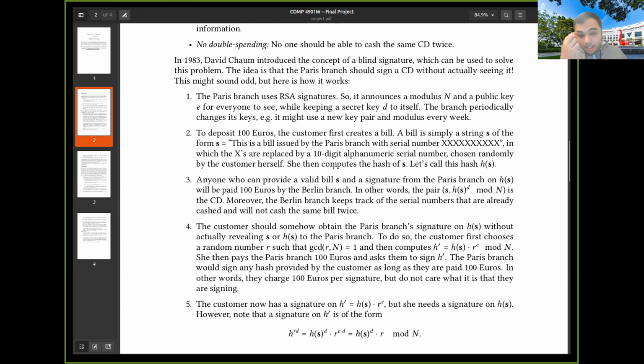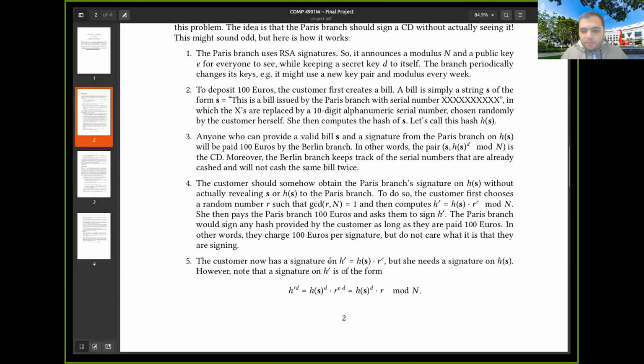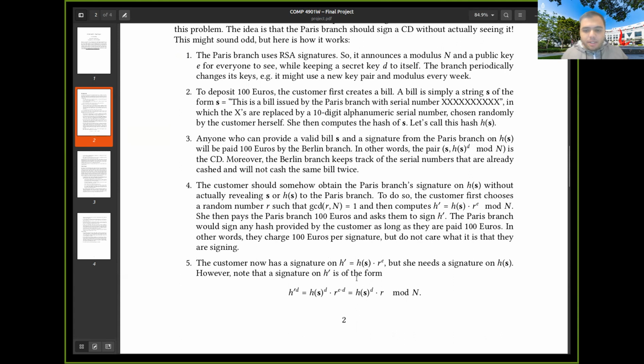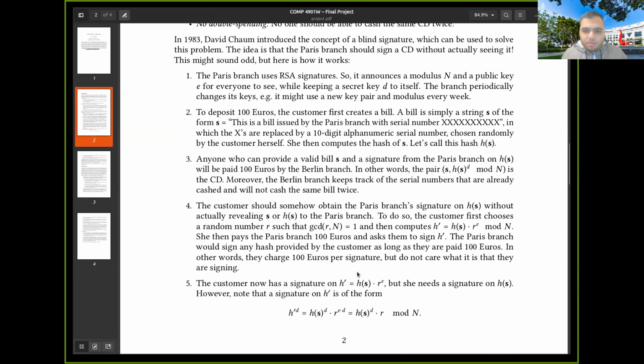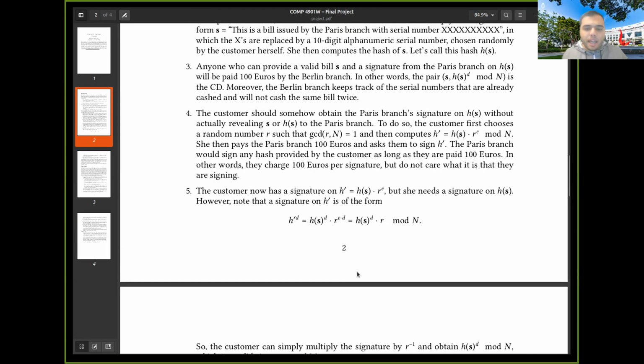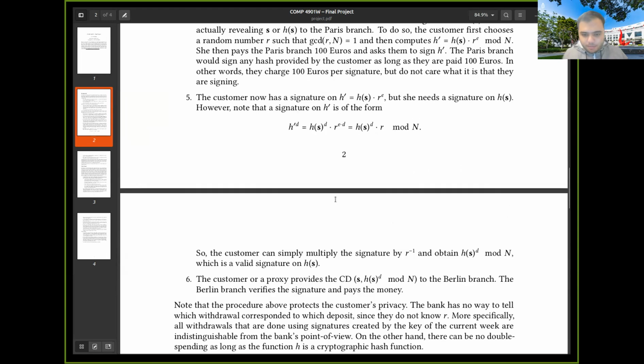So for example, if the bank decides at some point that they don't want to honor their promise, that even if you give them a valid signature, they don't want to pay you, they can, because this is a centralized system. Of course, in the real world, if something like this is implemented, then you can also go to court and show the signature and so on. But how can you prove, for example, if the bank claims that you're doing double spending, that you're not? And that's the problem here.